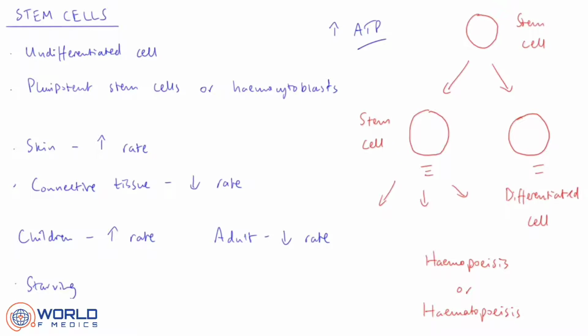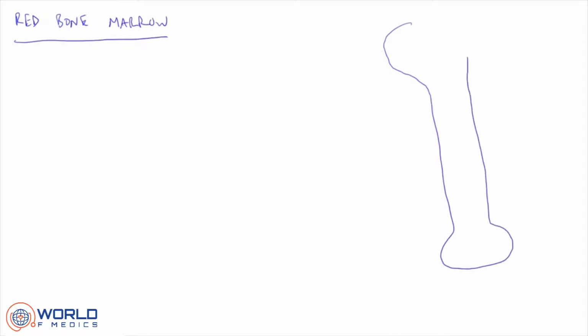Now, we touched on red bone marrow, so let's look at that in more detail. As you've probably guessed, this is found in bone. So let's draw a very rough diagram of a bone, and you'll have to use your imagination for this. The red bone marrow is found in the spongy bit of bone, and within the spongy bone we've got a structure which is essentially like a mesh, called trabeculae.